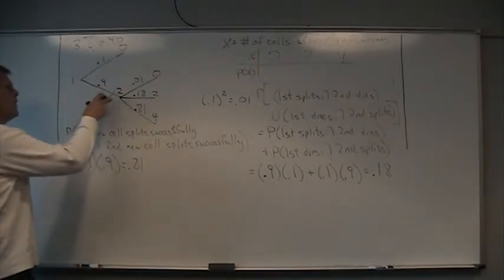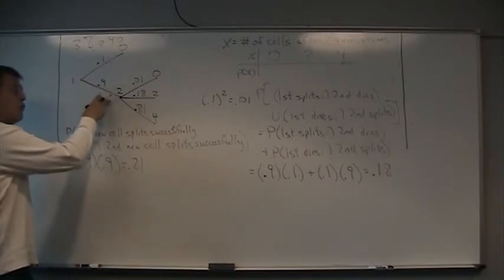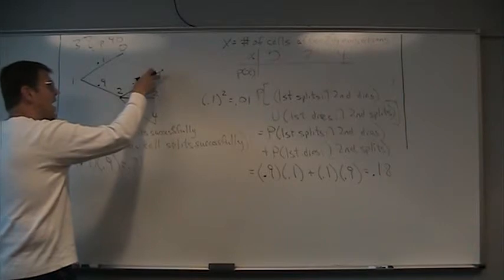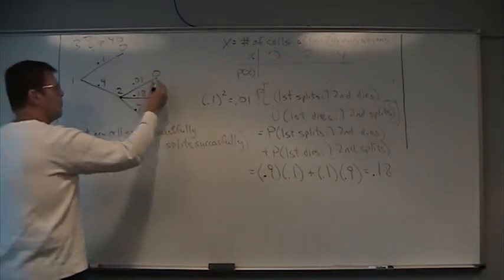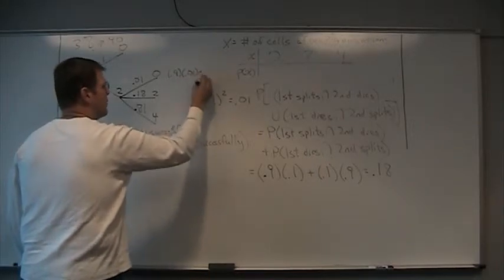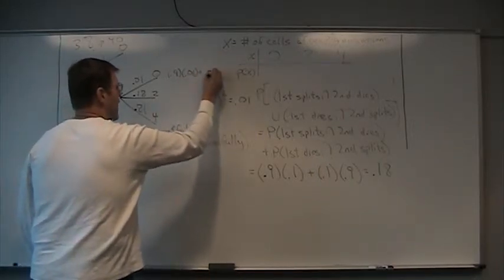So the probability that the first generation cell splits successfully and then the next 2 die is going to be 0.9 times 0.01. And so that's going to give us 0.009.